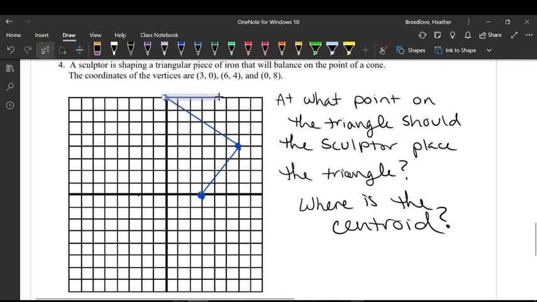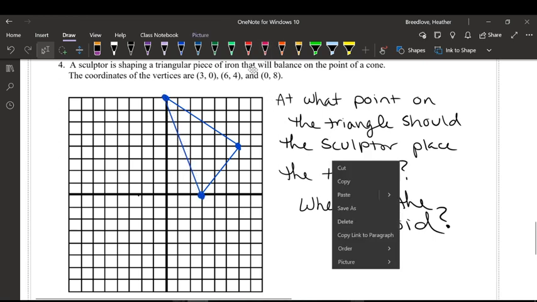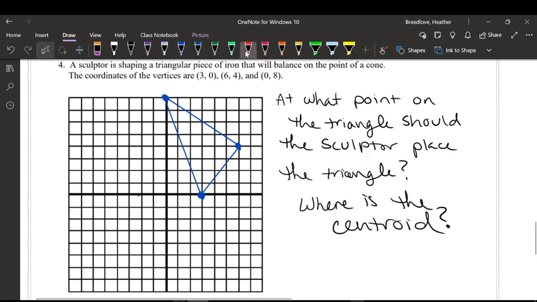So always start at the angle. It's easier to start at the angle and go towards the side across from it. There's my triangle. So now I'm going to start at the top angle. From that angle, I'm just drawing to the midpoint of the other side.